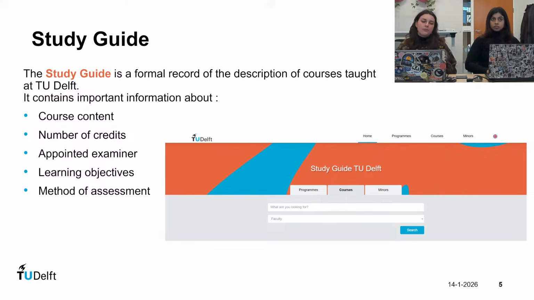There you have the course content, what the course is going to be about, the learning objectives, the number of credits, who your teacher and examiner are, their detailed contact, and the method of assessment. This is very nice to have an overview of the type of courses you want to take and whether you actually want to take that course. So it's more like a library.